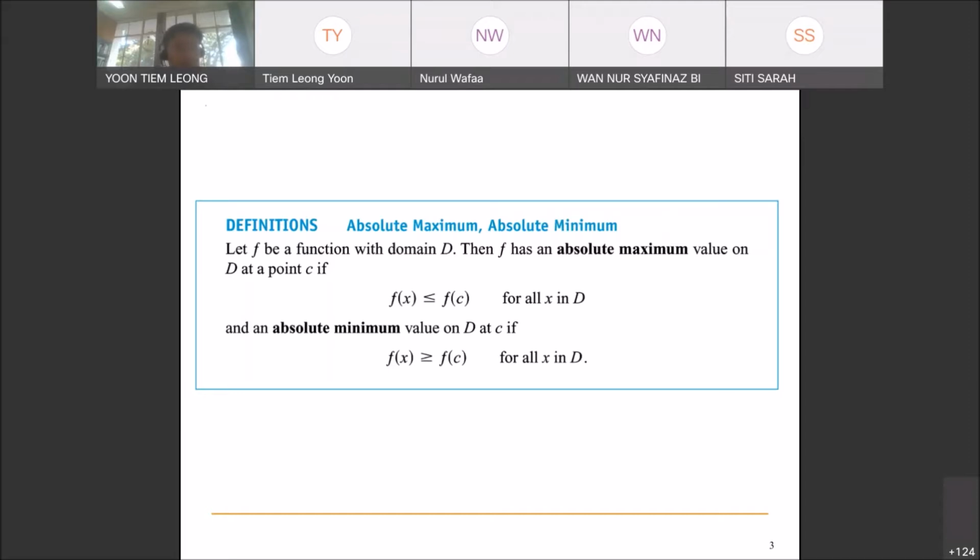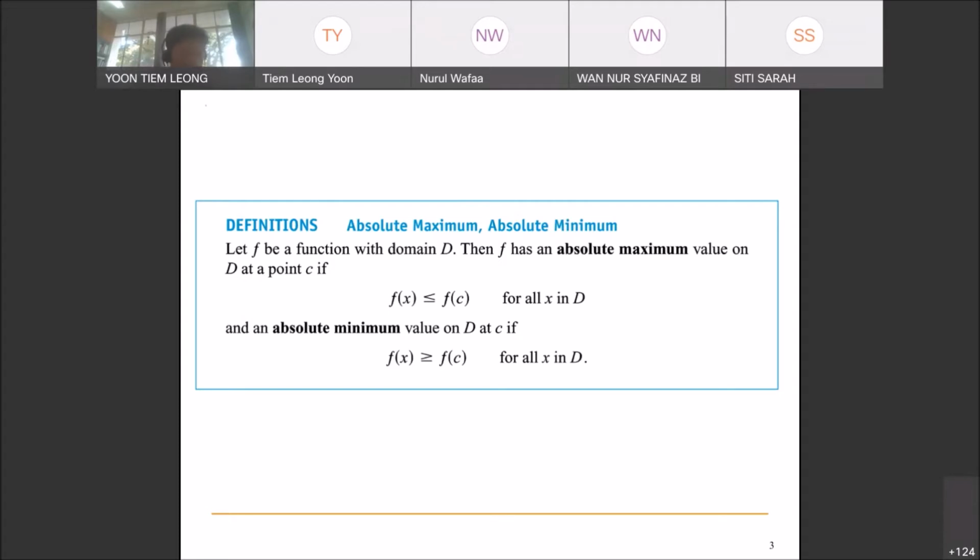As I mentioned, there are two types of extremums: absolute extremums. Absolute maximum and absolute minimum are the two types of absolute extremums. Extremums refer to either maximum or minimum. Sometimes the absolute maximum or absolute minimum is also called global. So when I say global maximum or global minimum, it also refers to absolute maximum and absolute minimum.